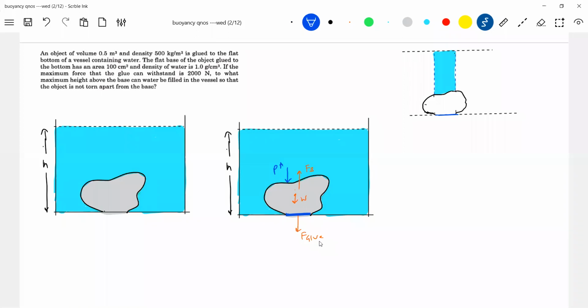Shall we write an equation here? What is this buoyant force? Looking at this, buoyant force should be equal to the weight of the solid, plus F glue, plus the force exerted by the liquid on the solid. So what is PA? We don't know PA. It is the weight of the liquid above the area. This is the area, the effective area.